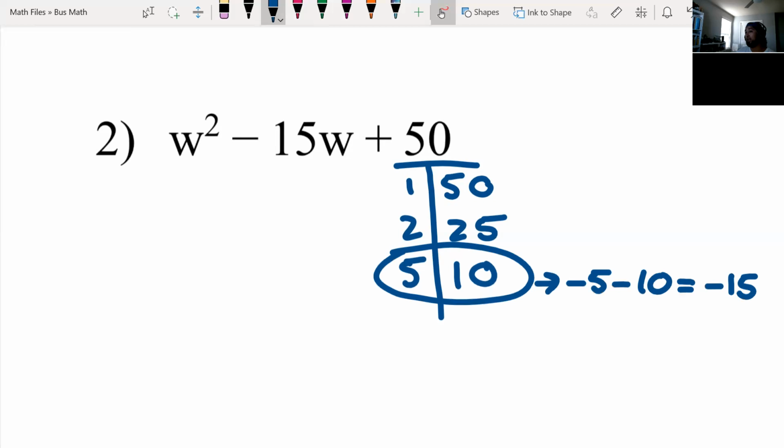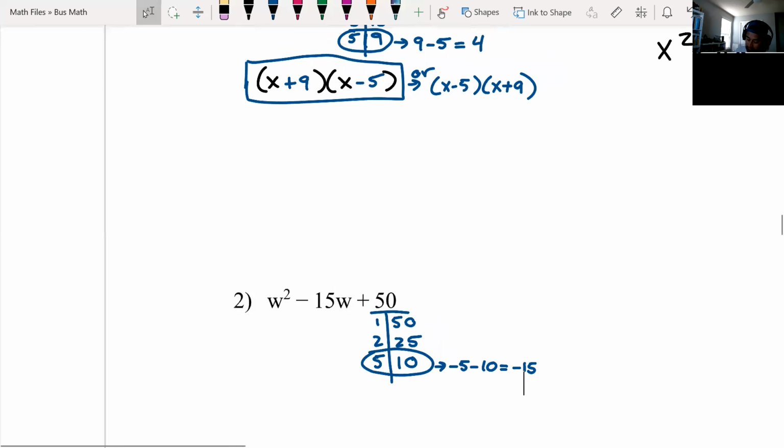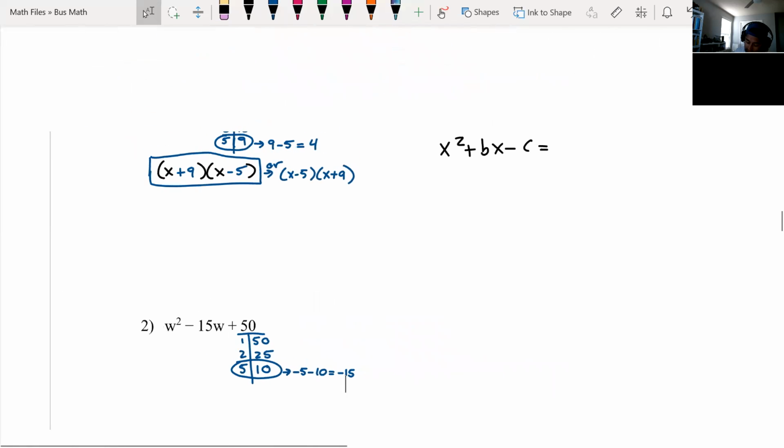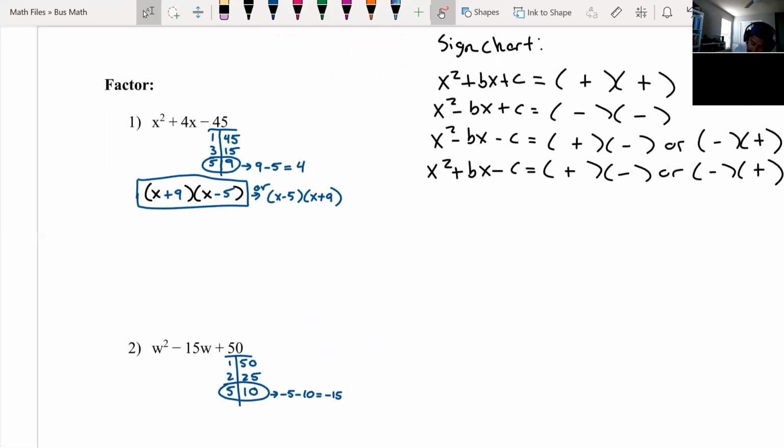Negative 5 minus 10 gives you negative 15, right? Now, if we were to apply my sign chart survival guide, here you have minus plus. Up here, minus plus means you get minus minus. So that's how you would set up your parentheses. So just double verification on how to set them up.